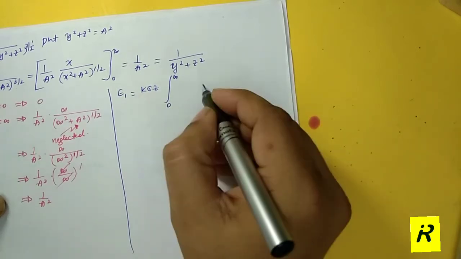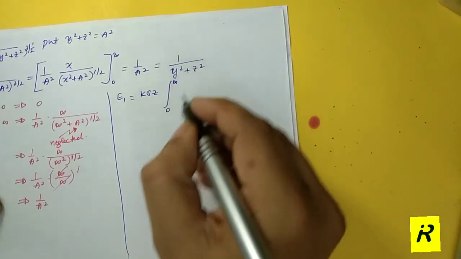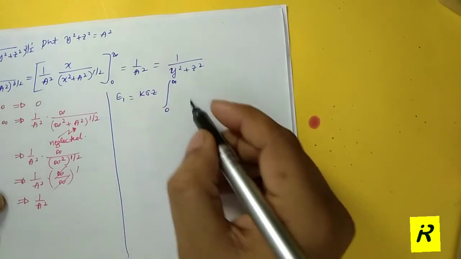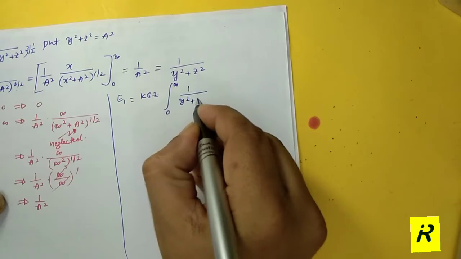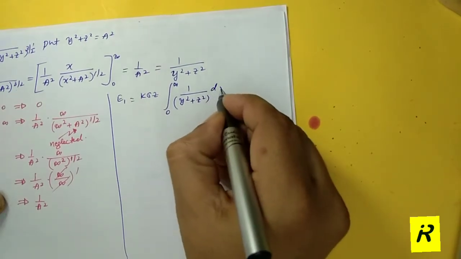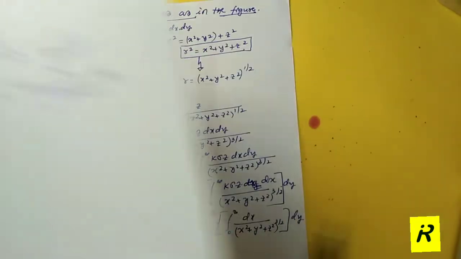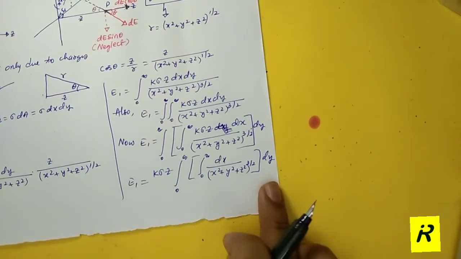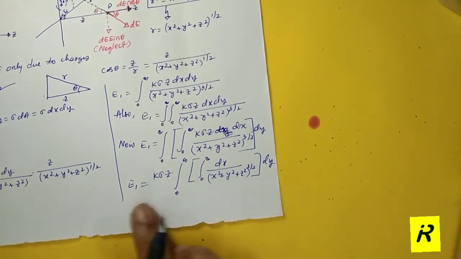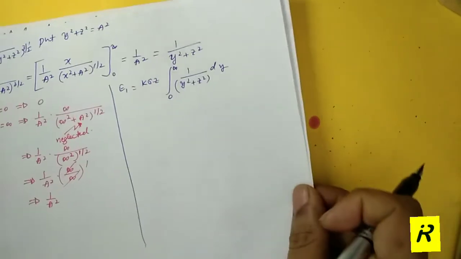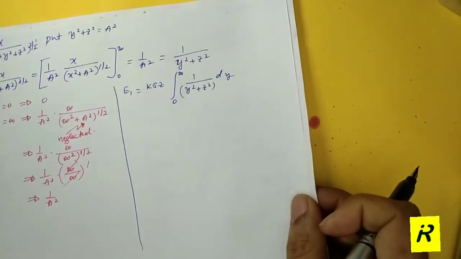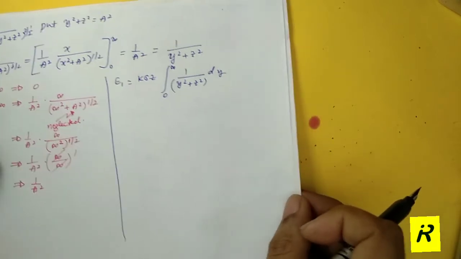For that the result is 1 divided by y square plus z square into dy. That is nothing but the result of the integration we had on the previous page, right? So this is the result of the integration done along the x axis.